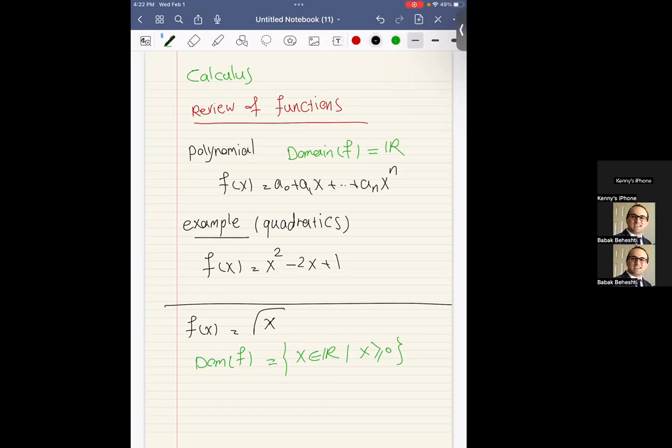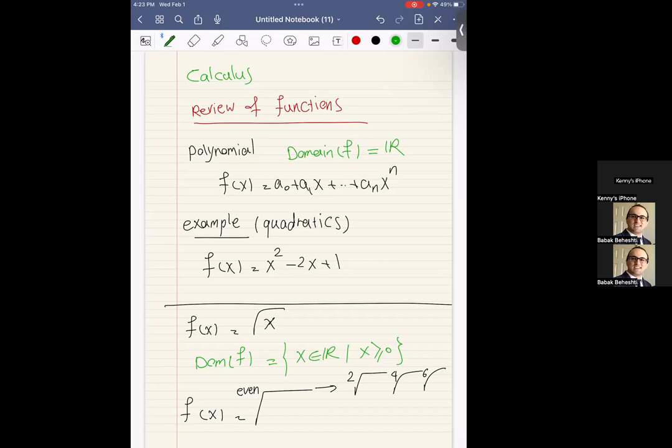So in general, if you have a function that is a kind of root, if the root is even, like the square root, fourth root, sixth root, an even number like 2, 4, 6, then the domain is again the same thing: the set of numbers that are equal to or greater than 0.